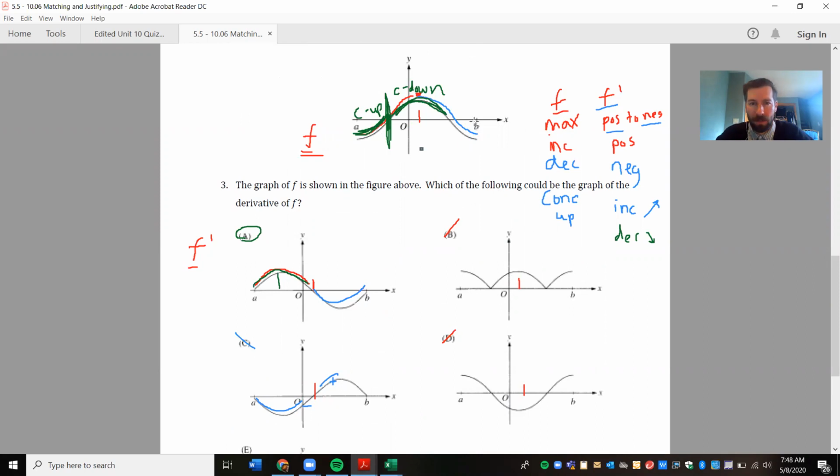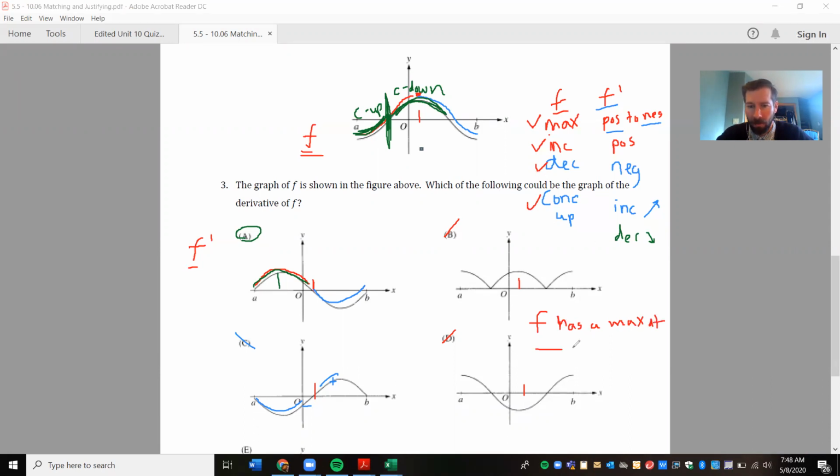All of these things that we wrote off to the side would be great pieces of justification. So use a sentence starter. We could just say, since f has a max at blank, okay, what did we know about f prime?